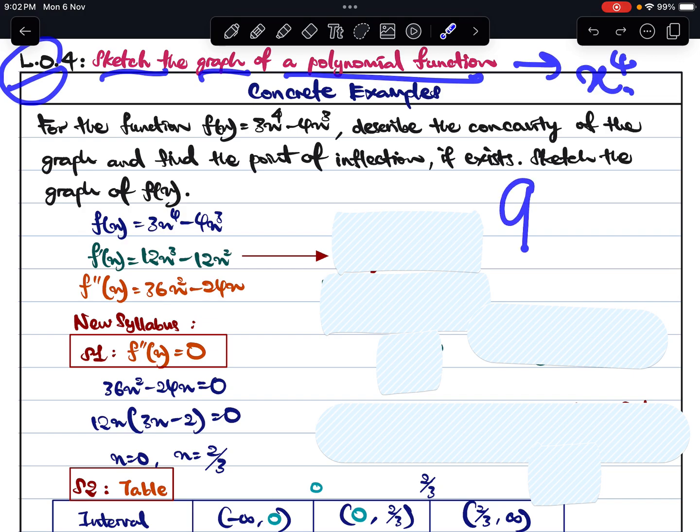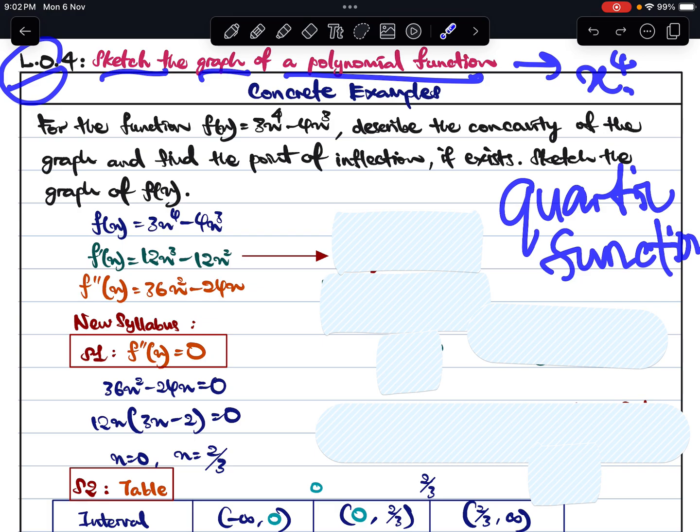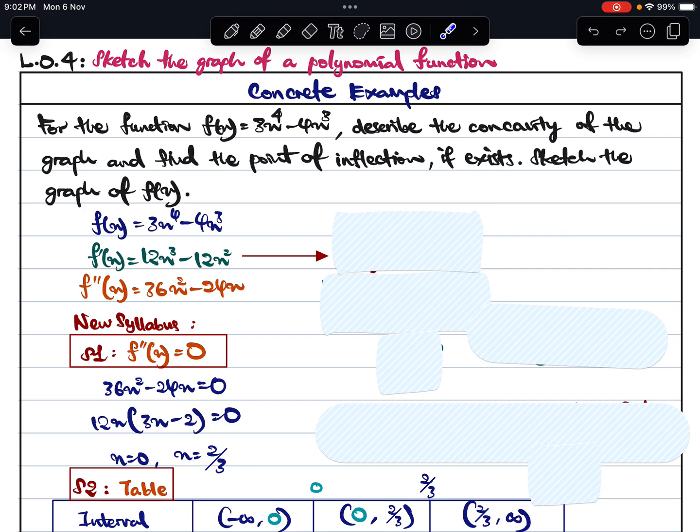In other words, it is called quartic functions. This is a new experience for you guys. It is a new syllabus for all of us. So let's learn how to sketch a quartic function.